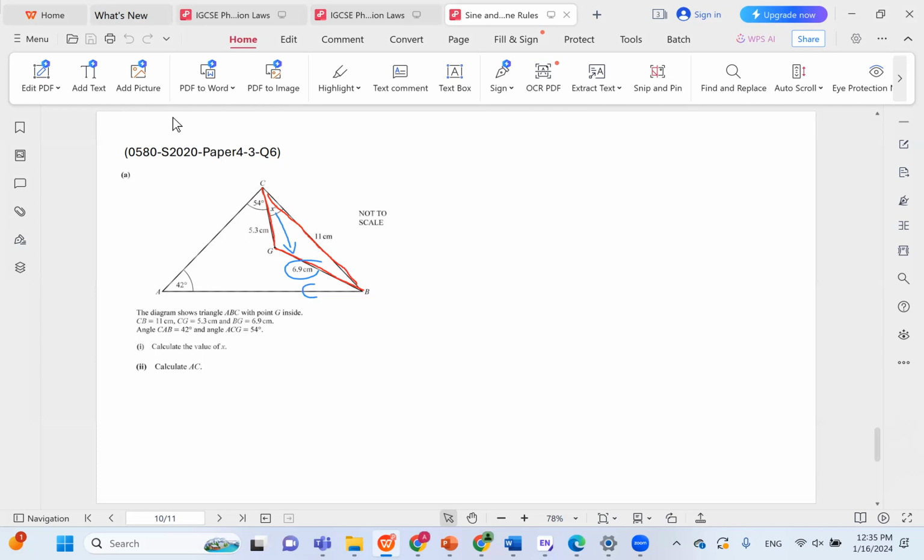And the rule becomes cosine theta equals A squared plus B squared minus C squared over 2AB.